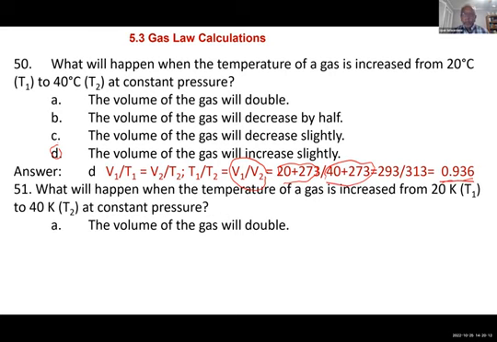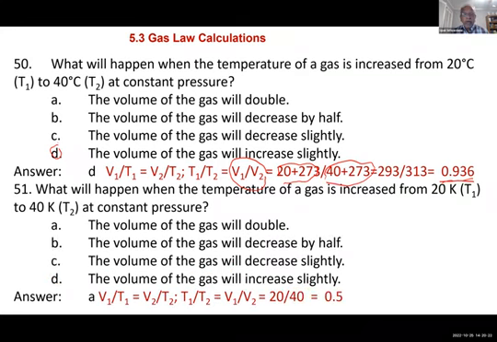So this problem is again volume change, temperature change given in Kelvin. So you look into the same data. The V1 divided by V2 is 0.5. That means V1 divided by V2 is 0.5, so V2 is double.